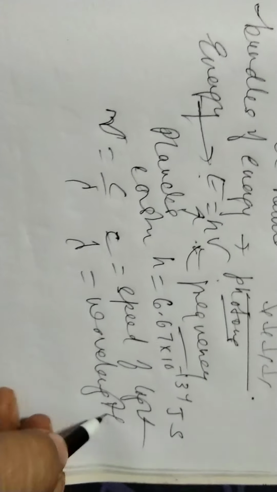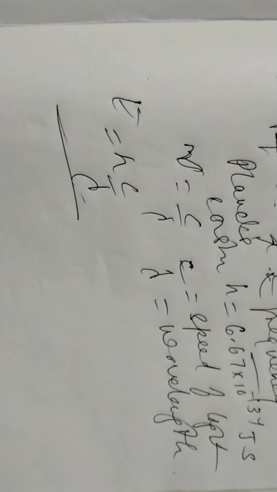Now there are some characteristics of these photons. Take the momentum of the photon. We can write P equals mass into velocity.